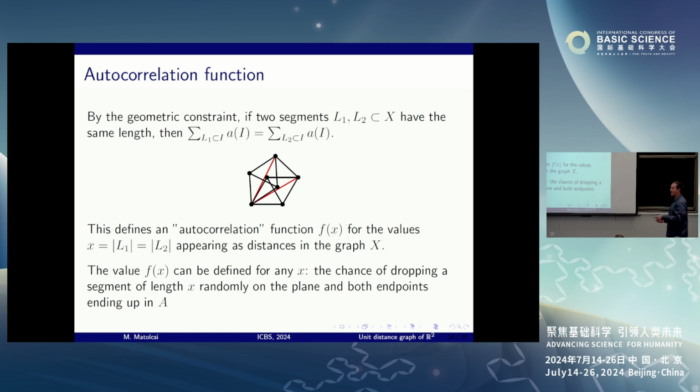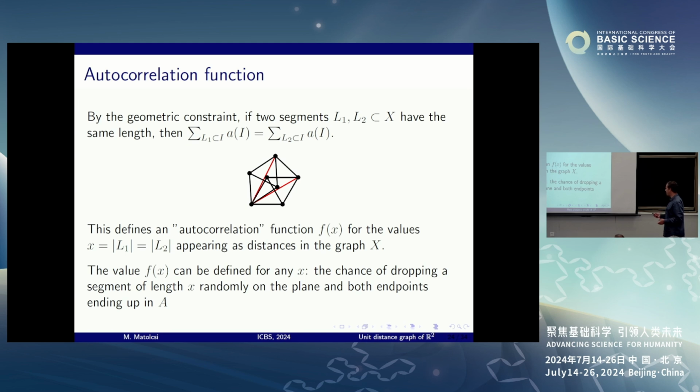So for every x, this defines a number, f(x). So you end up with a continuous function, if your set was measurable. And this is called the autocorrelation function of your set A.